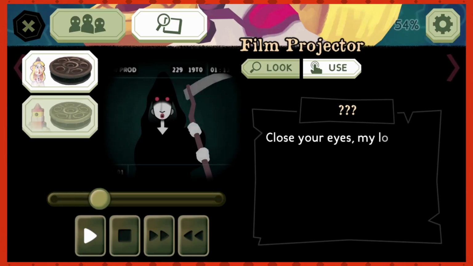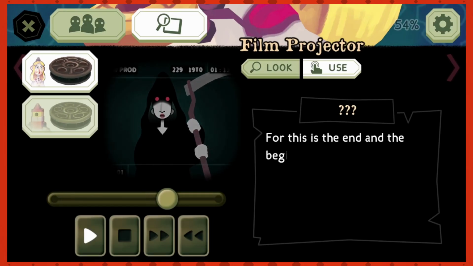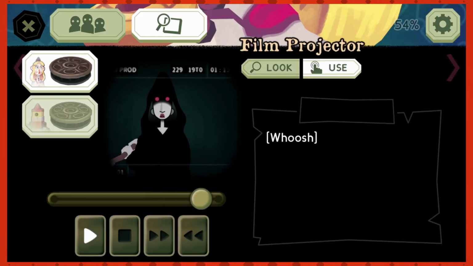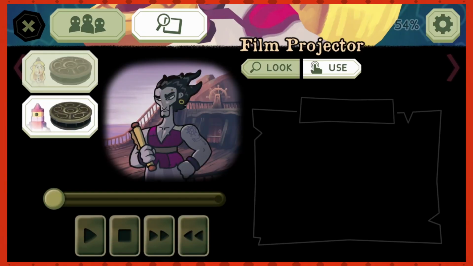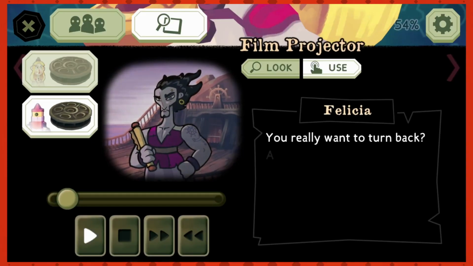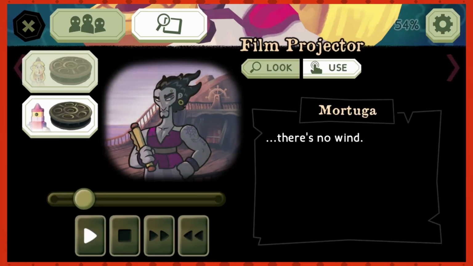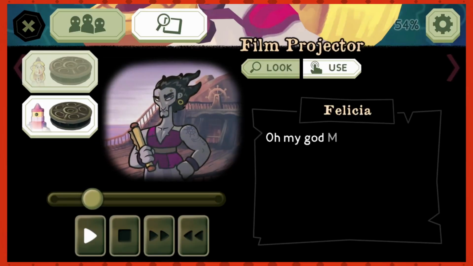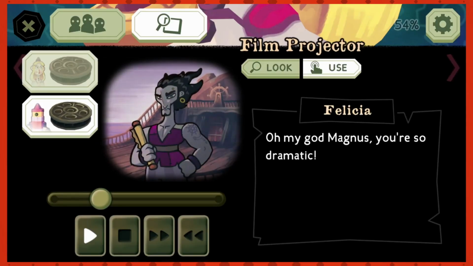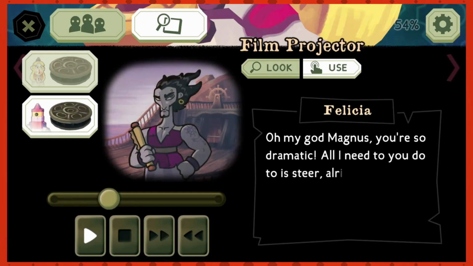Close your eyes, my love. There it is. And be still, for this is the end and the beginning. You really want to turn back after you got the map sussed out and everything? There's no wind. It's an ill omen. Oh my god, Magnus, you're so dramatic. All I need you to do is steer, all right?